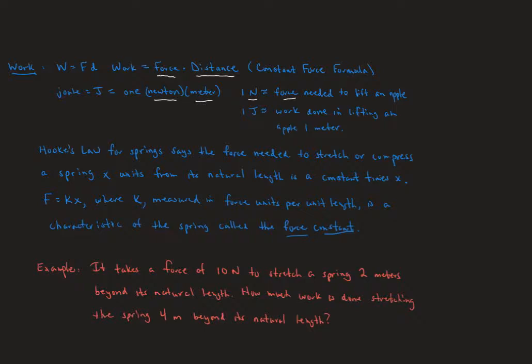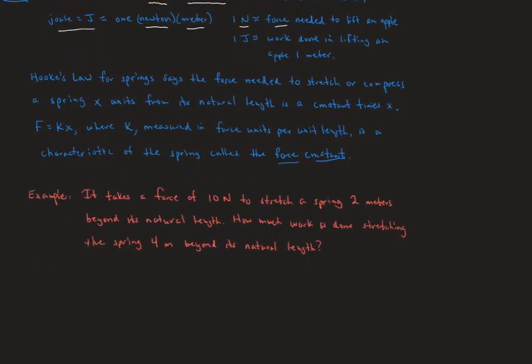And so when you get a newton times meters, that's known as a joule. And so a joule is the work done in lifting an apple 1 meter. Kind of crazy.